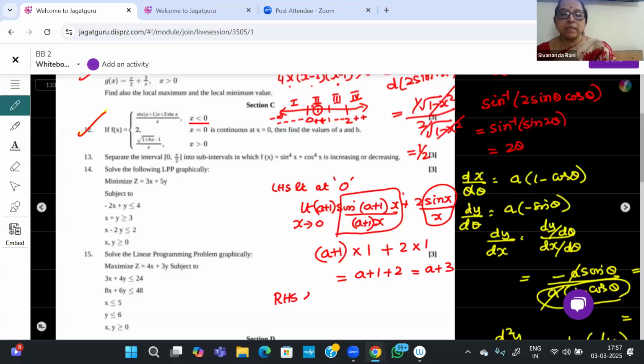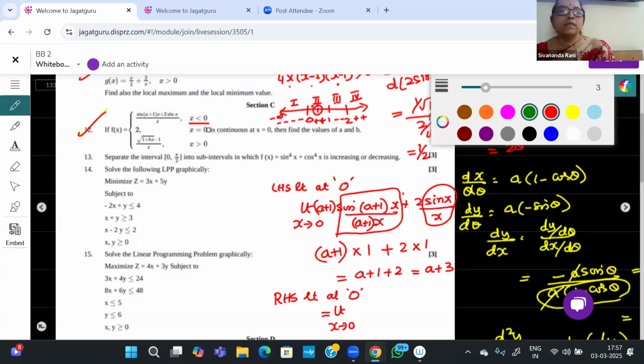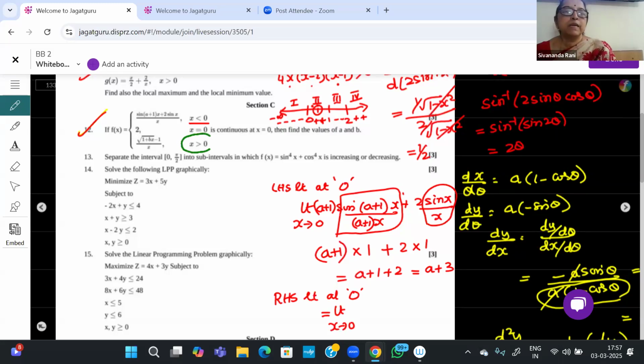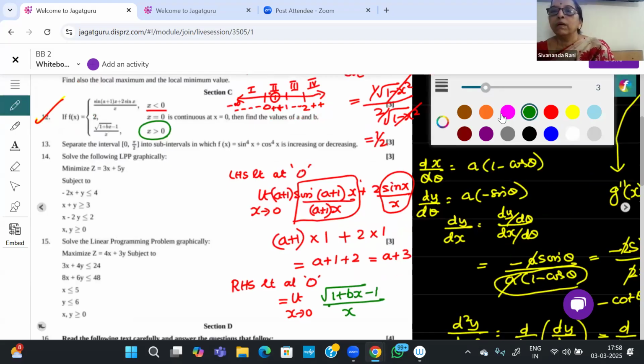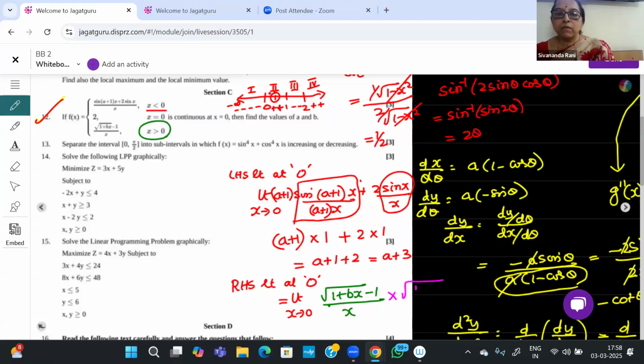Let's take RHS. RHS limit at 0 will be limit x extending to 0. RHS means x must be greater than 0. So this part of the function should be taken, 1 plus bx minus 1 by x. But I know I need to deal with this as an irrational function, 1 plus root of 1 plus bx plus 1, multiplying and dividing by the conjugate.